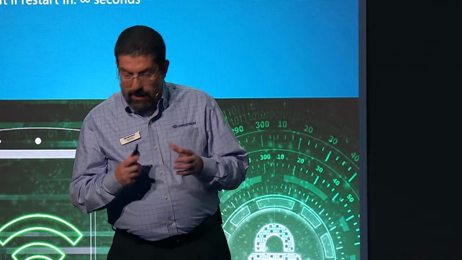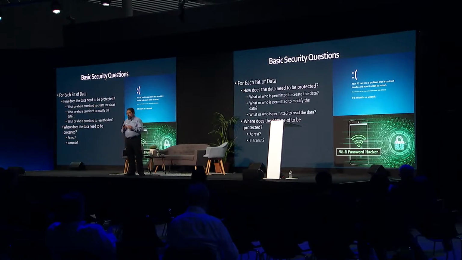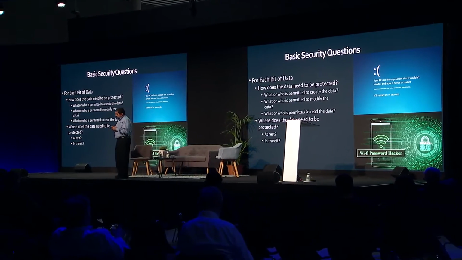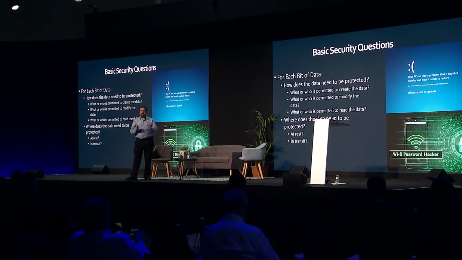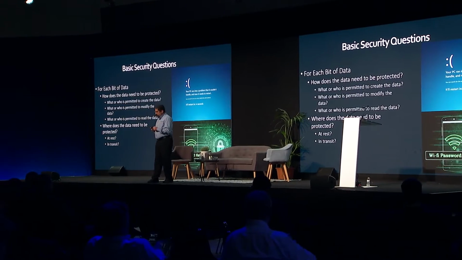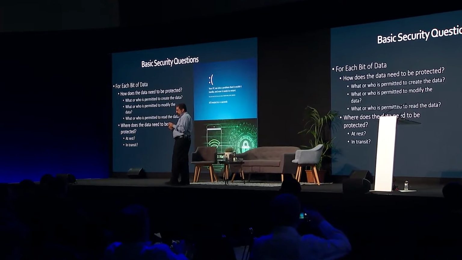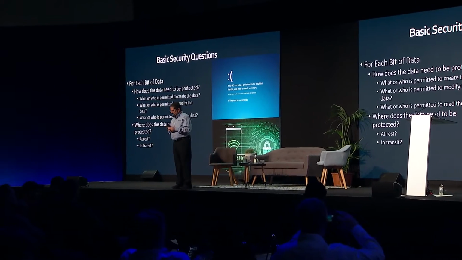Okay, so now that we understand the basics of those terms, for each bit of data, we want to make sure that it can be protected. At the end of the day, it's all about analyzing the data that are in our systems. Let's look at each piece of data available and first determine its value and how it needs to be protected.